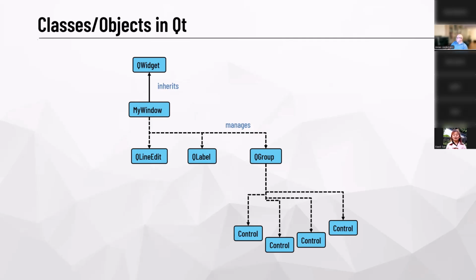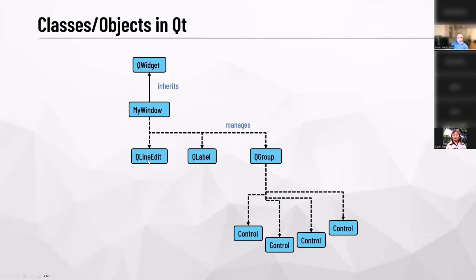As I said before, Qt is very object oriented, and you can see here this is the hierarchy. You have a QWidget that is on top. You create your own window, for example, that inherits the QWidget base class, and then you specialize your own window here. And your own window can have multiple objects connected to it.